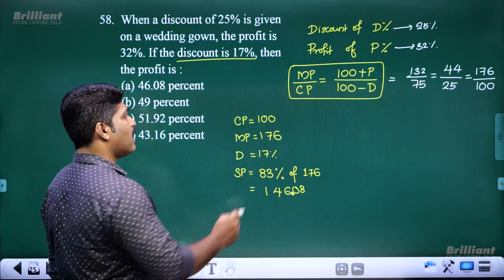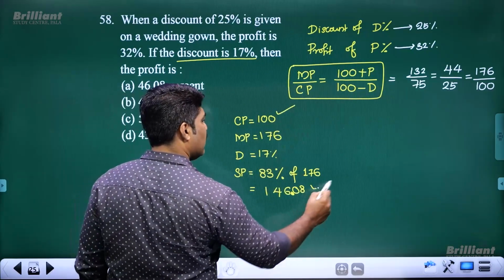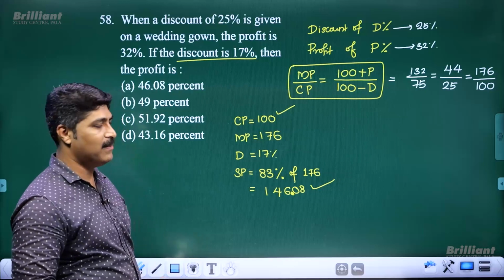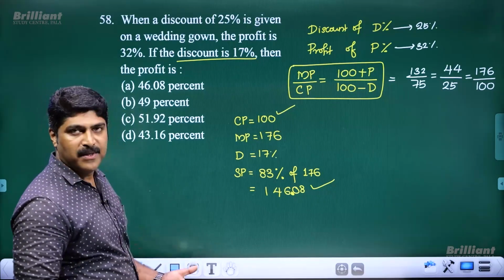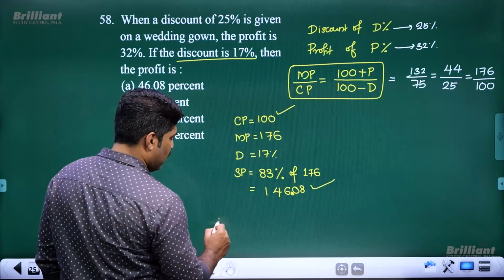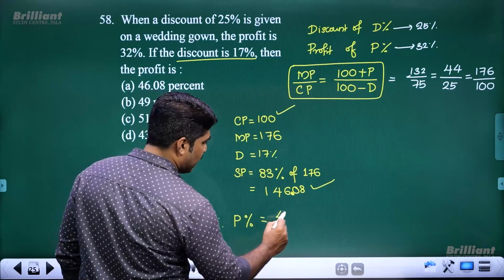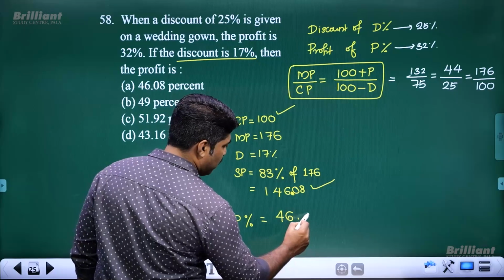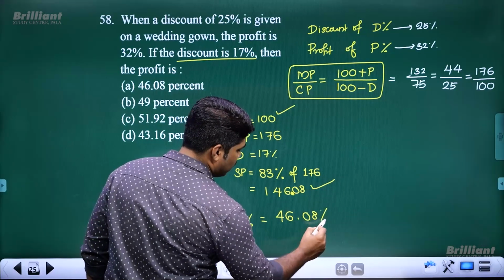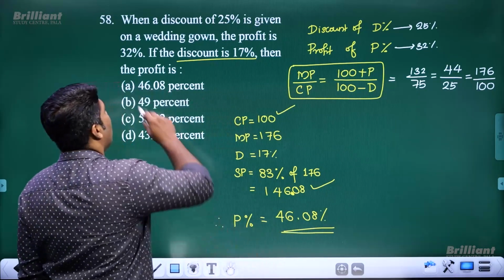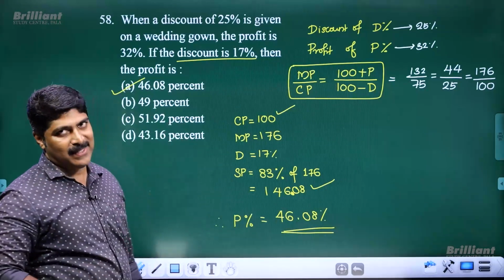What it means is, here the cost price is 100 and the selling price is 146.08. So what is the profit percentage here? Therefore, the profit percentage, we can directly write, is 46.08%.